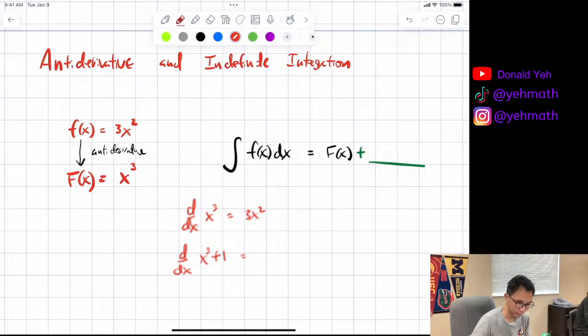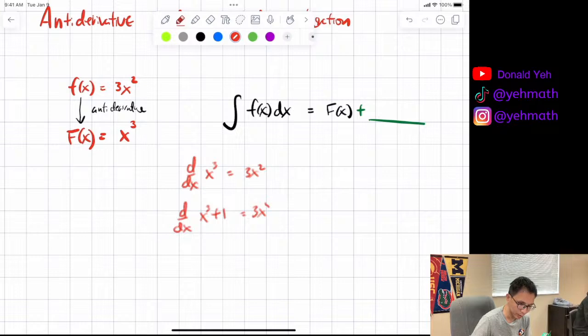It will just be 3x squared. What if I have d/dx of x cubed plus 2? Same thing. So therefore, there has to be something else here as well.